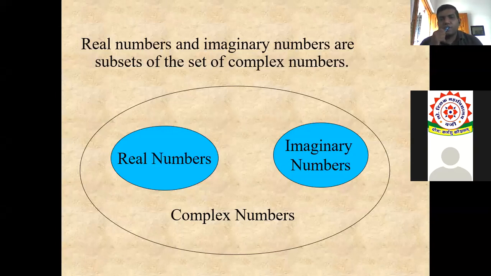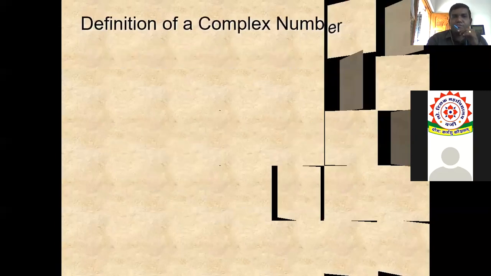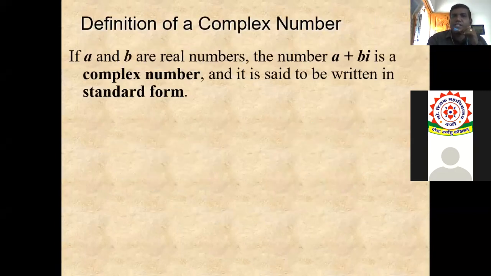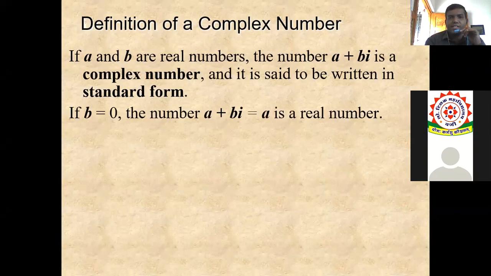And imaginary numbers are simply bi, purely imaginary. bi is purely imaginary, and a plus bi is a complex number, which is a mix of real and imaginary numbers. By definition: if a and b are real numbers, the number a plus ib is a complex number, and it is said to be written in standard form.